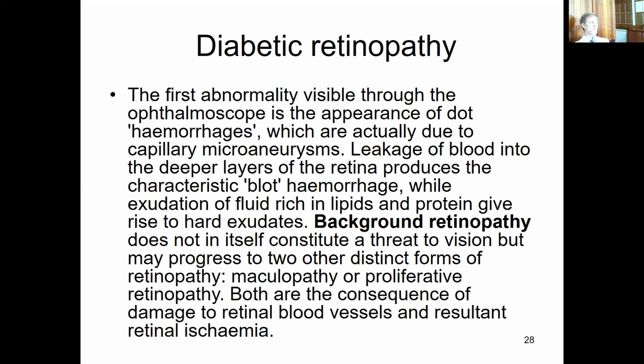Why does it happen? If we talk about the pathogenesis mechanism very briefly, remember I told you about glycosylation, when we have glycosylated hemoglobin. But this glucose molecule may attach not only to hemoglobin, it may attach to all proteins. And you know that all our body is proteins, our cells are proteins.